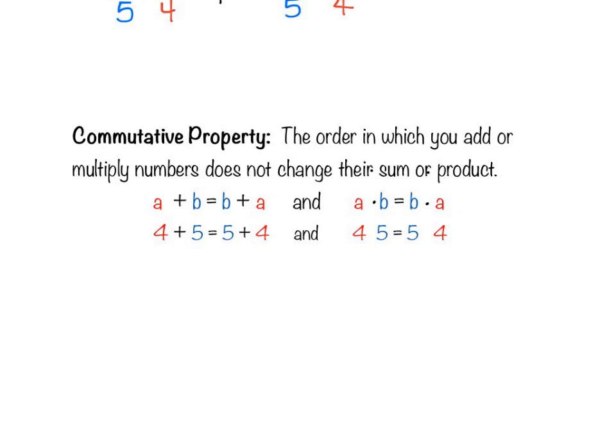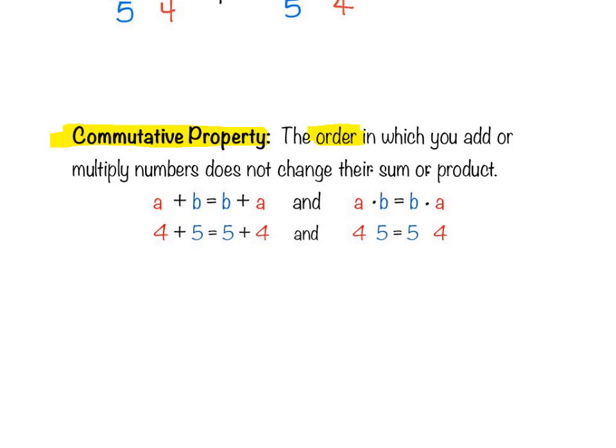Commutative property says this: the order in which you add or multiply numbers does not change their sum or product. So commutative property has to do with the order of the terms that you're adding or multiplying. Commutative property says you can change the order in which you add or multiply numbers.